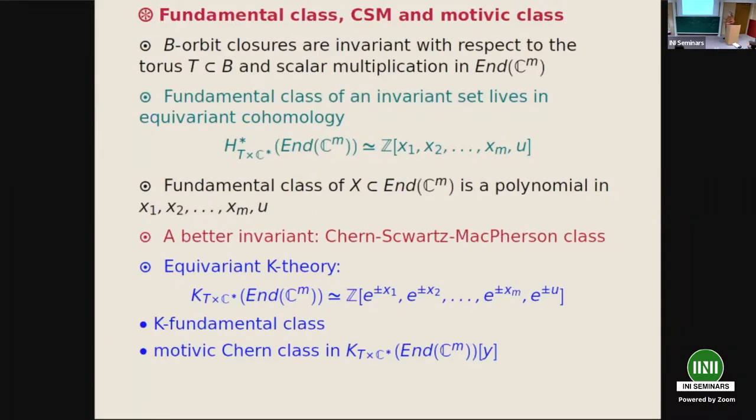And you have motivic Chern classes. These live in K-theory plus one parameter. I will not tell you what motivic Chern classes are, except that in the compact case, this is something that computes chi-y genera. If you integrate the motivic Chern class, you obtain chi-y genera.